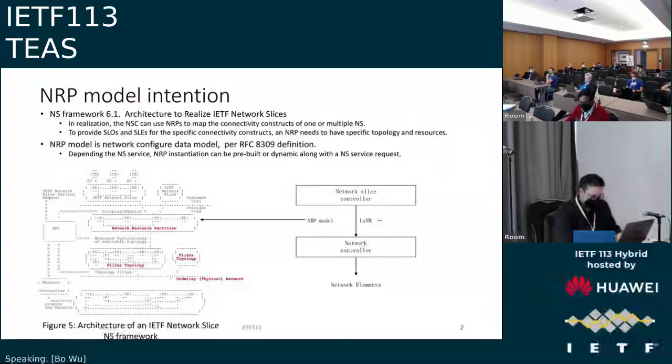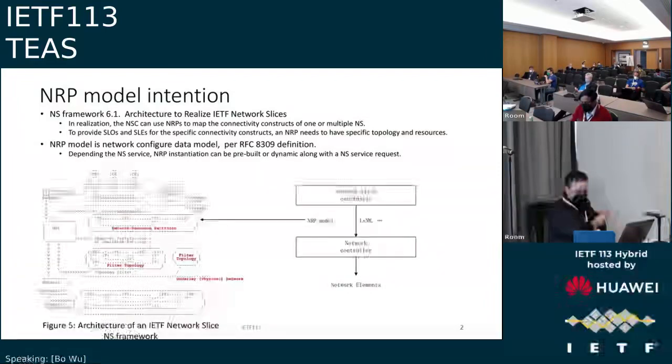And the other major difference from my perspective is the topology modeling approach. I will talk about this on the next slides. And here you can see that the NLP model sits under the network slice controller southbound interface.